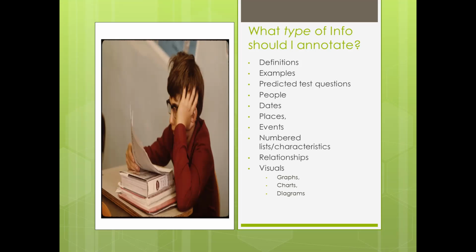Numbered lists and characteristics also tend to be good places, especially in science-based texts, for important information to be encoded within them. Also, especially with literature and sciences, look for relationships either between characters and environments or institutions for literature, or look for relationships between compounds, chemicals, and reactions in science-based courses. And of course, visuals of any kind are worthy of your time and annotation.